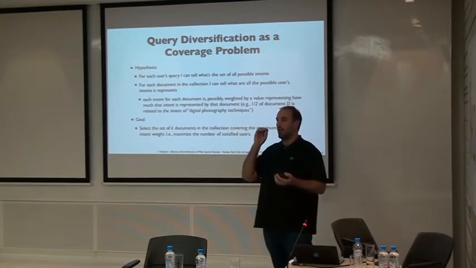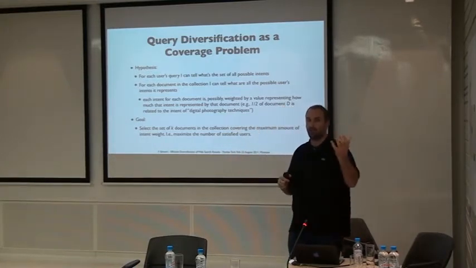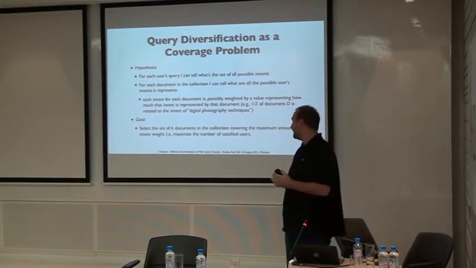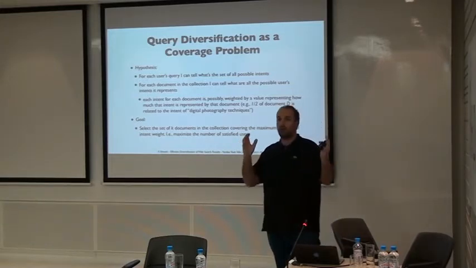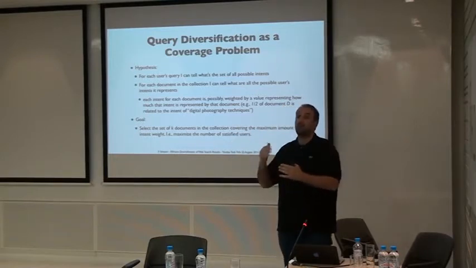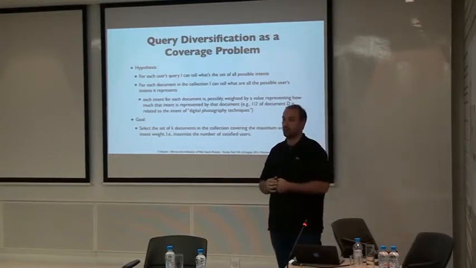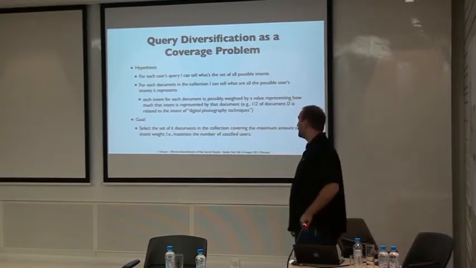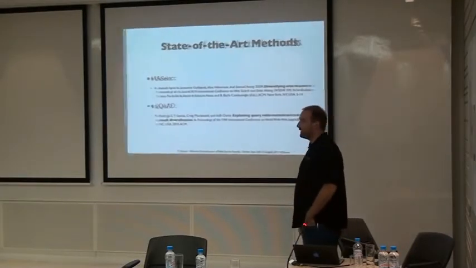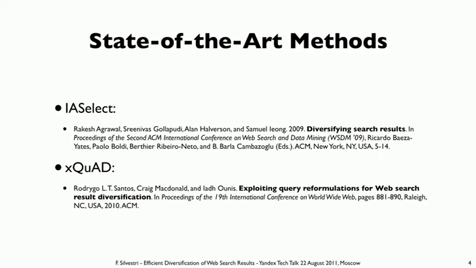A document might have multiple user intents contained. So to measure the user intent, you need to design a sort of weighting function that, given a document, gives you the weight of each intent for the document.